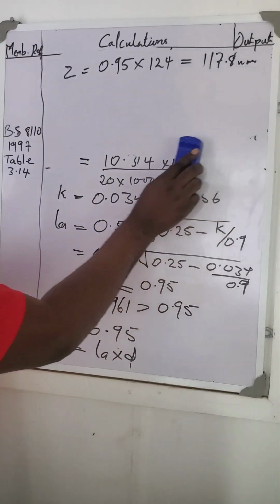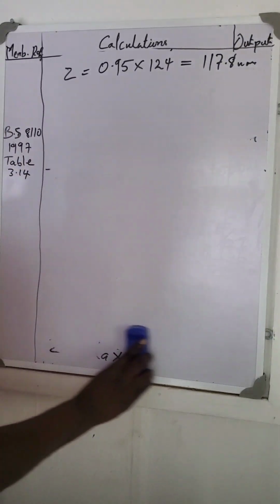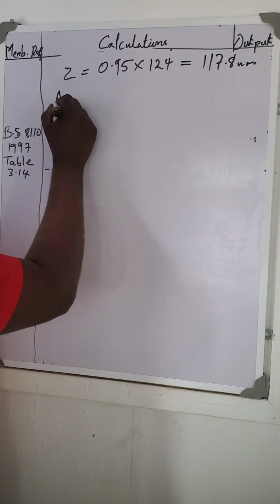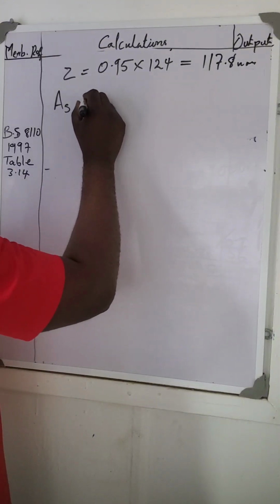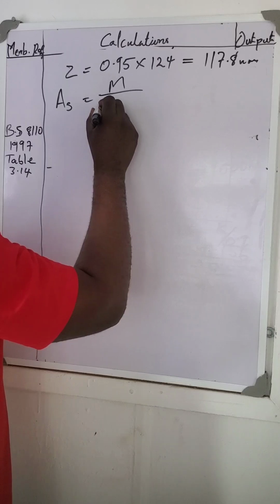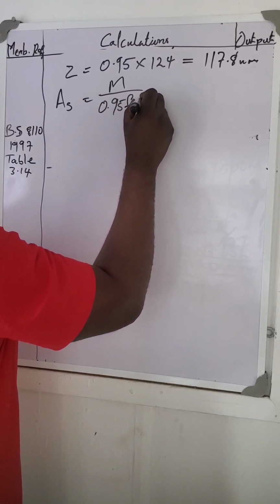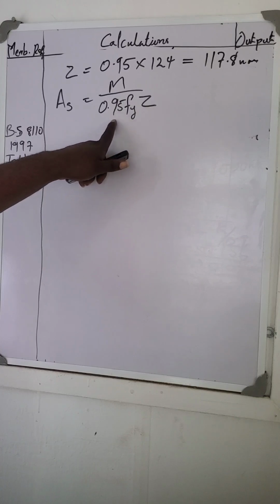So we now move straight to getting the area of the steel. What is the formula for the area of our steel? We call it As, which goes to M over 0.95 Fy Z. Now 0.95 is the factor that is constant.